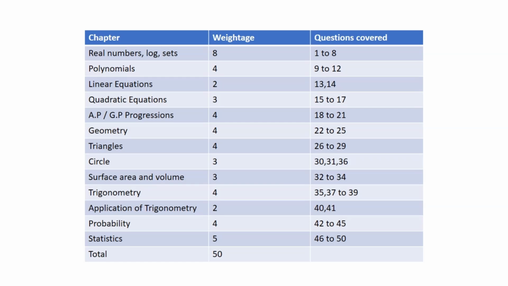So you need to cover every subject as weightage is given for each, and most importance is given to statistics, probability, trigonometry and application of trigonometry, and real numbers. Okay, by this you can get the information.